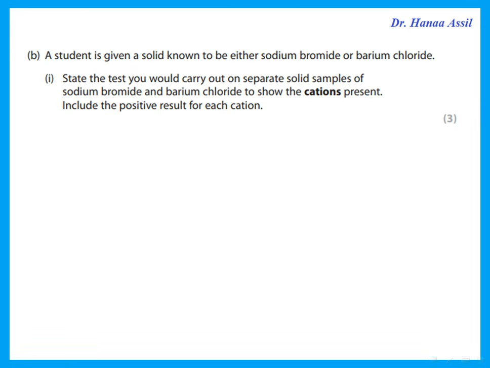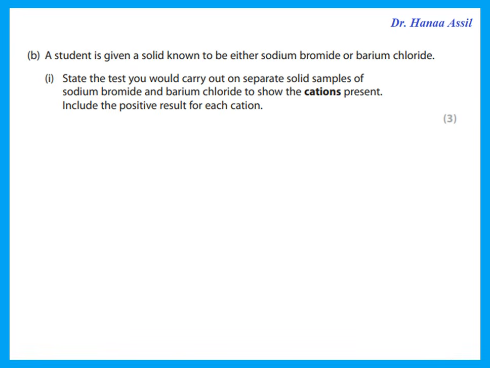A student is given a solid known to be either sodium bromide or barium chloride. State the test you would carry out on separate solid samples of sodium bromide and barium chloride to show the cations present. Of course, the cations are the metal ions. So you're actually being asked to write the test for sodium ions and barium ions.